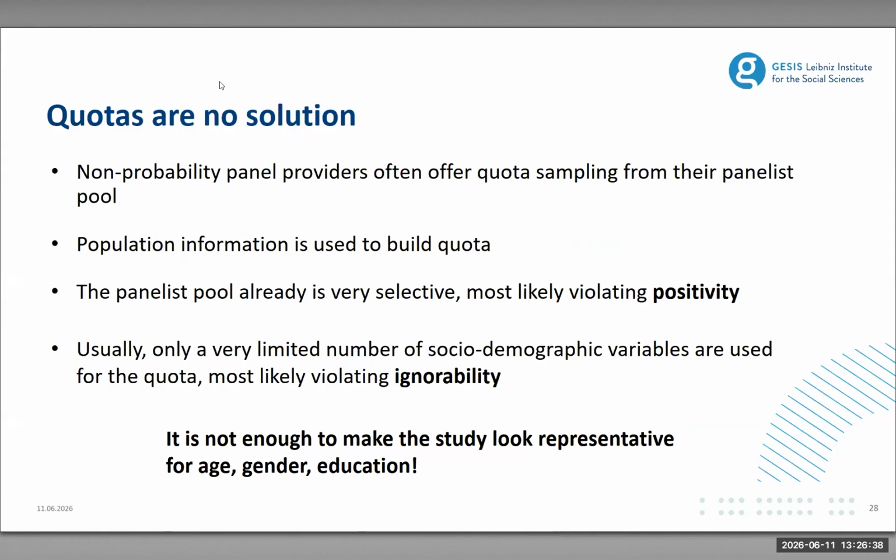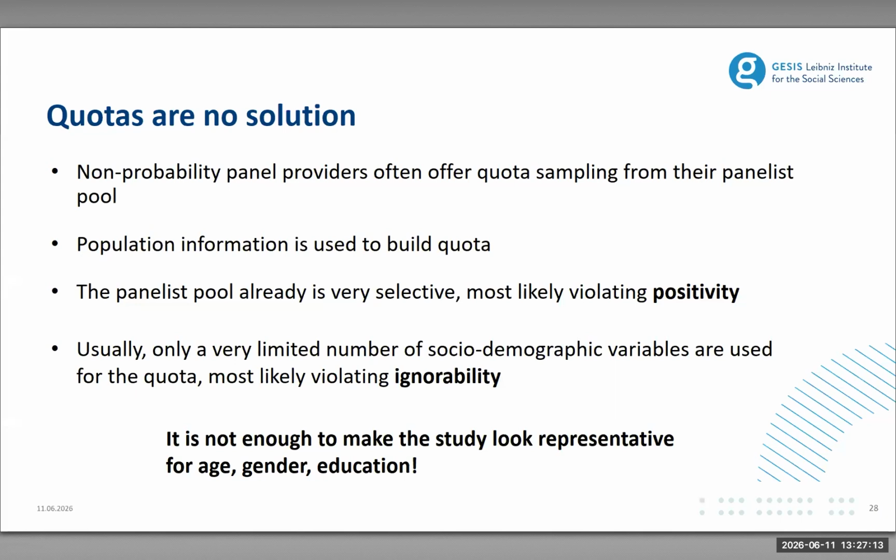Some of the online access panels use quotas, as I said before, basically for the same characteristics. So they make sure that the participants of the survey match distributions of age, gender, and education of the general population, so a 50-50 gender distribution, for example. And then again, they claim it's representative for age, gender, and education, but it's not enough to have the right proportion of women.